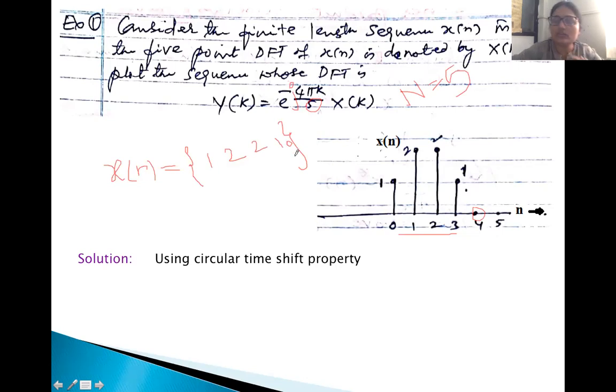So 1 2 2 1 0. This is my input sequence. Now in the frequency domain, it is being multiplied by e raised to minus j.